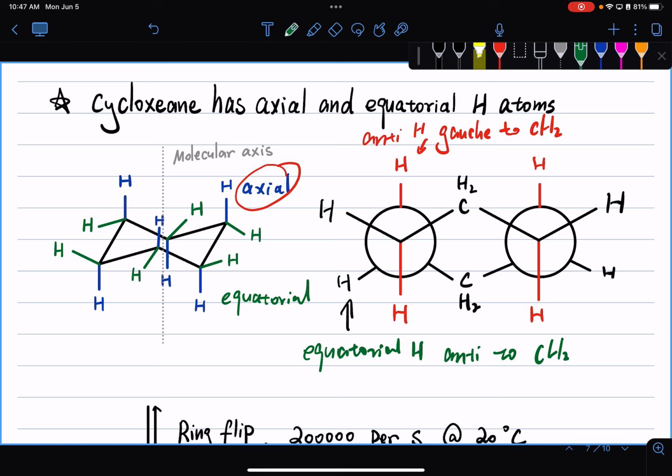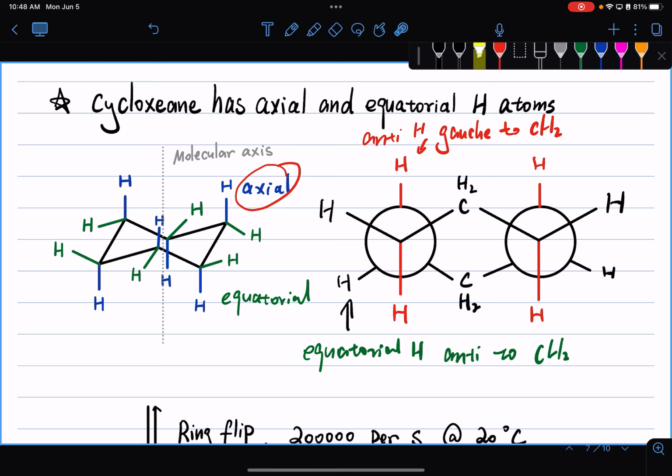There are several consequences out of it. First of all, in your proton NMR, the reason at low temperature we can distinguish your axial hydrogen versus equatorial hydrogen is because they have different chemical environments. It's not obvious at all if we look at the wedge-dash conformation. It is very obvious when we look at the Newman projection.